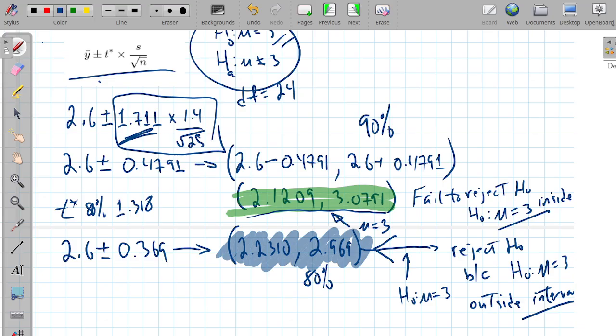But when that value lies outside the interval, as it does down here in the 80% confidence interval, then we're saying we've excluded it as a possible true value of the parameter. And that's where we get our conclusion from. That's about all I wanted to say about this example, so let's move on to the next one.